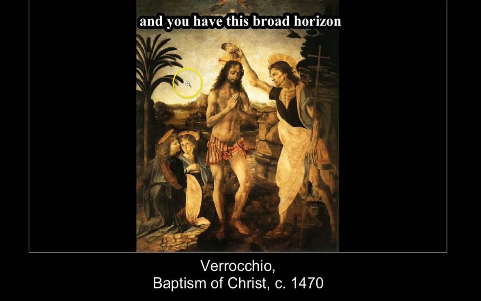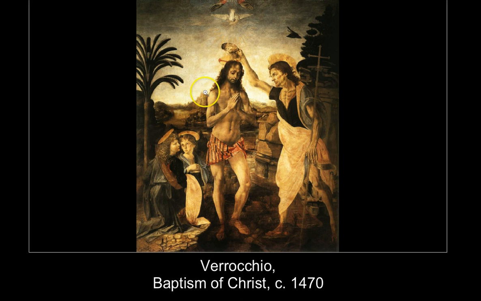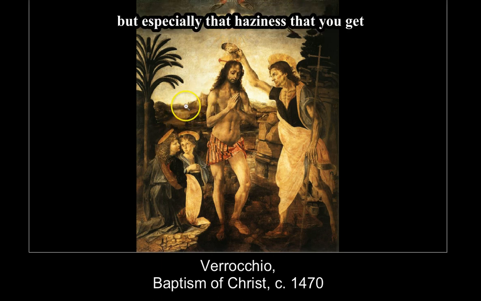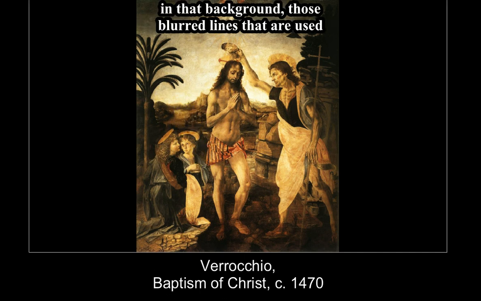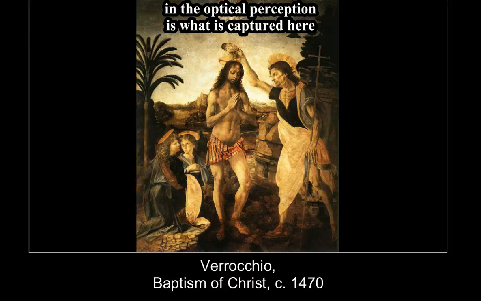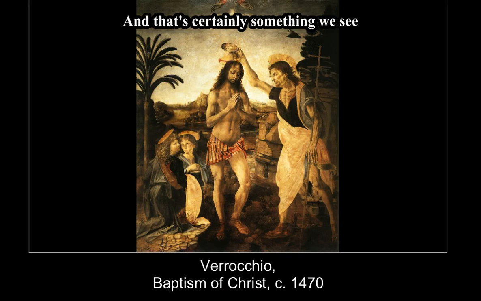You have this broad horizon and then this craggy landscape in the background, but especially that haziness in the background, those blurred lines that are used to suggest atmospheric perspective, the way the eye understands distance and atmospheric effects, the role they play in optical perception, is what is captured here in an important way.